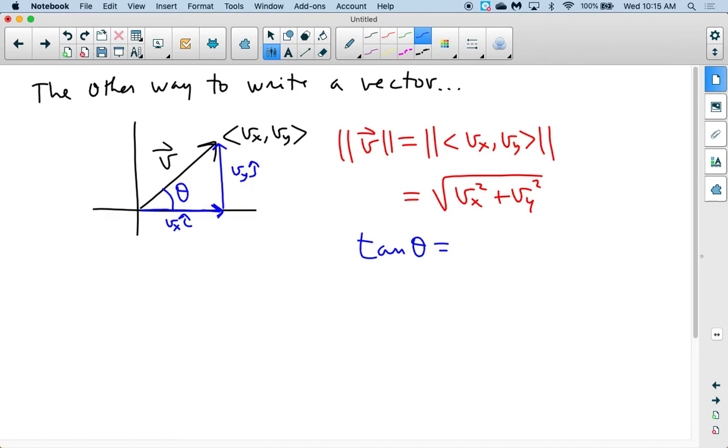Right, so you could write that. You could say V is equal to Vxi plus Vyj, which is the same thing as, in component form, Vx, comma Vy. Okay, like that.